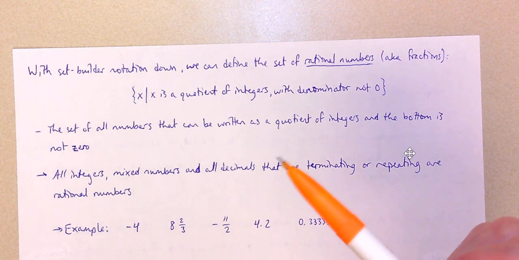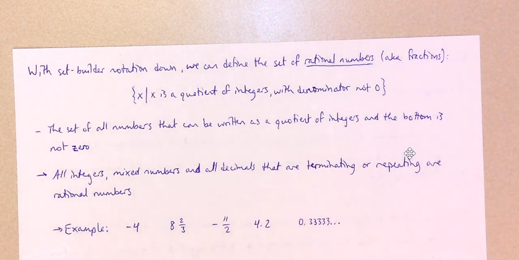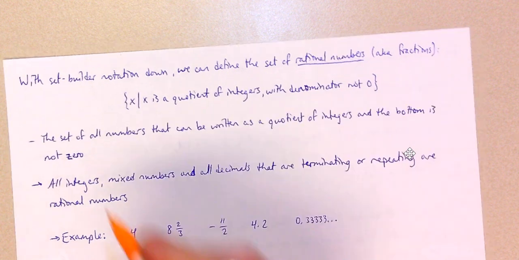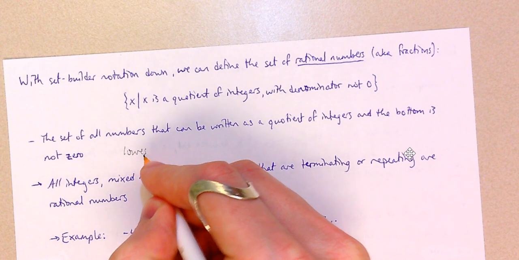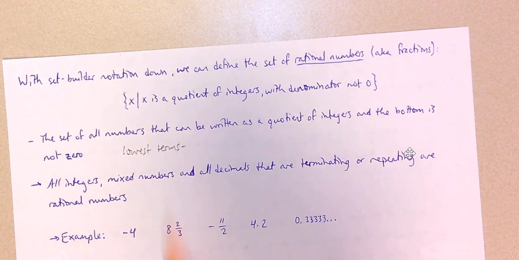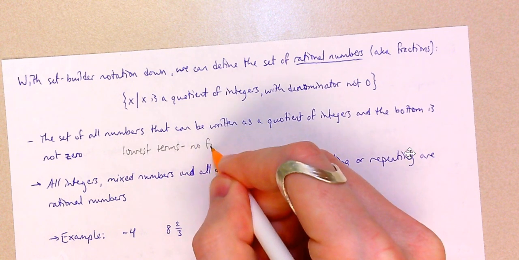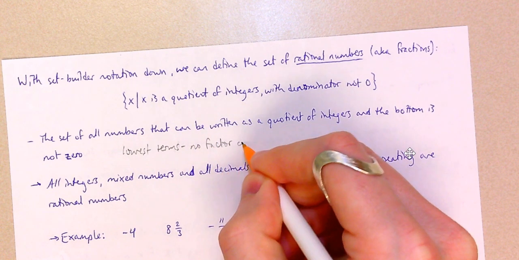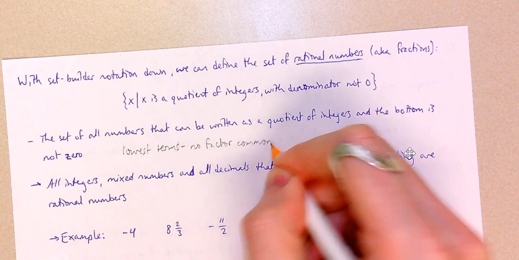So the set of all numbers that can be written as a quotient of integers and the bottom is not 0. Something else that typically goes along with this is that we say that the two numbers involved in our fraction are in what we call lowest terms. And by that we mean there's no common factors between the top and the bottom of our fraction.